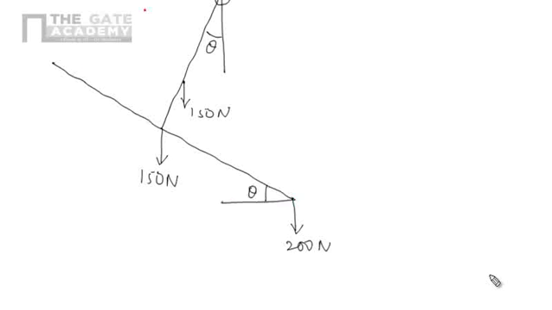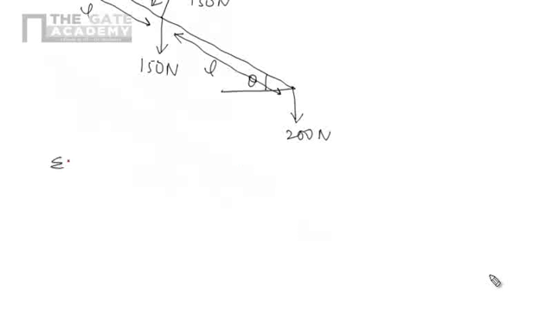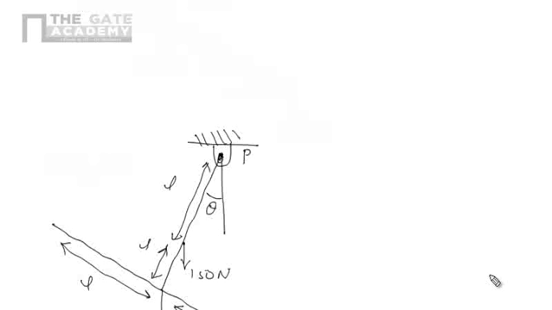Now we know this distance is L, this distance is L, and here also L. We are interested in the algebraic summation of moments of all the forces about point P, which should be 0.